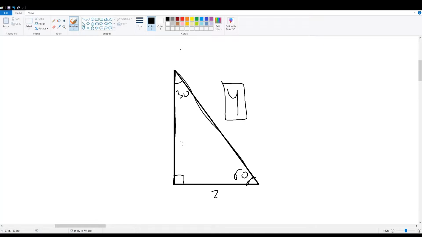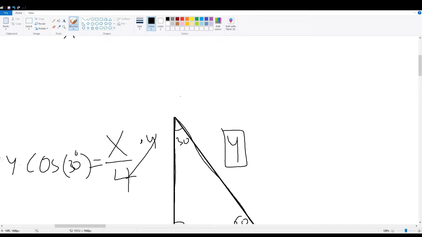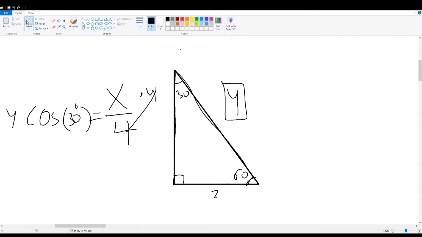So let's take the cosine of 30 degrees. Cosine of 30 degrees is going to be equal to x over 4. And if we multiply by 4 on both sides, we get 4 times the cosine of 30 degrees is equal to x. I encourage you to punch that in on your calculator. 4 times the cosine of 30 degrees, and we again get 3.4. So we can verify that cosine does indeed work.